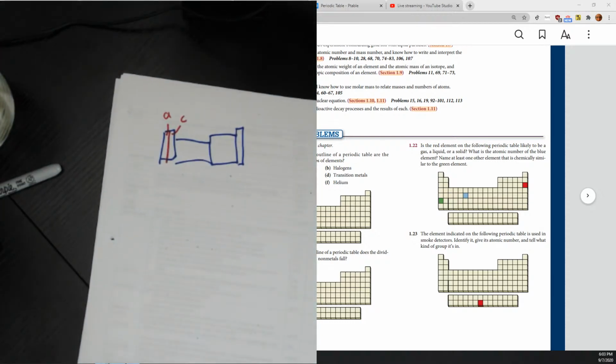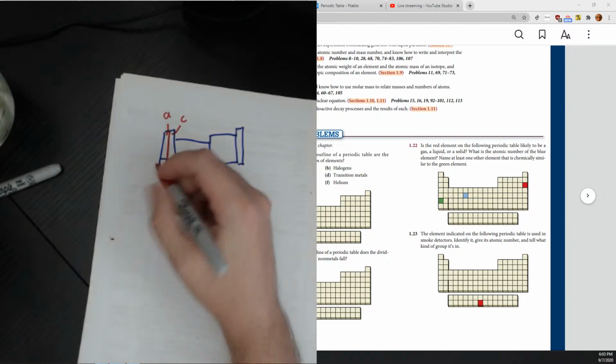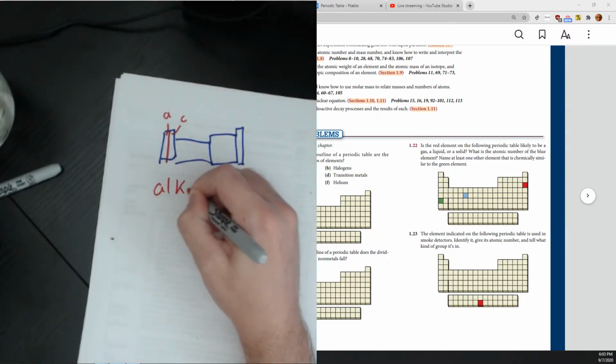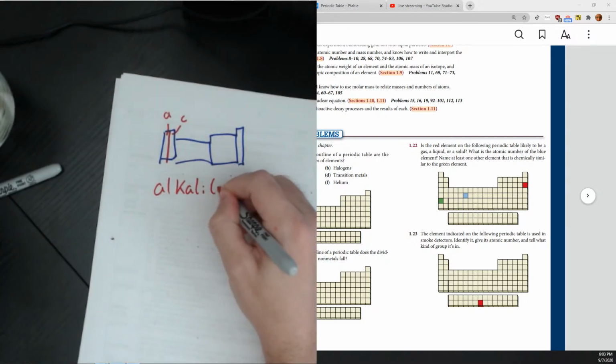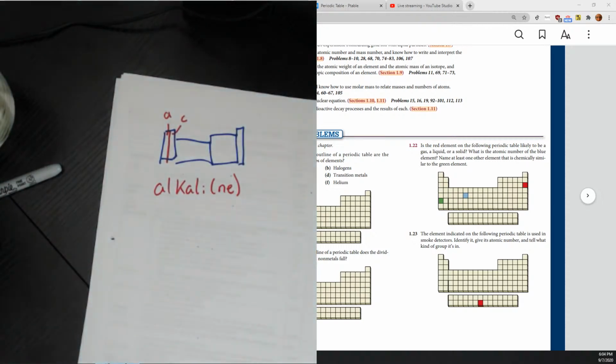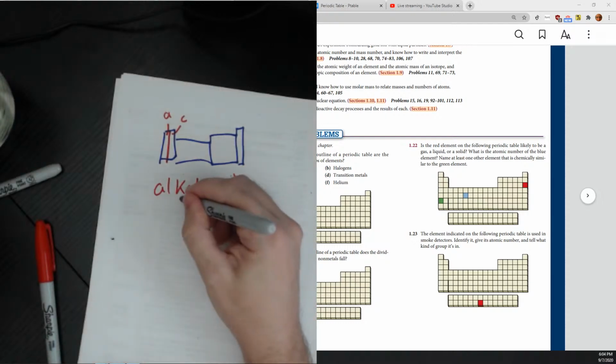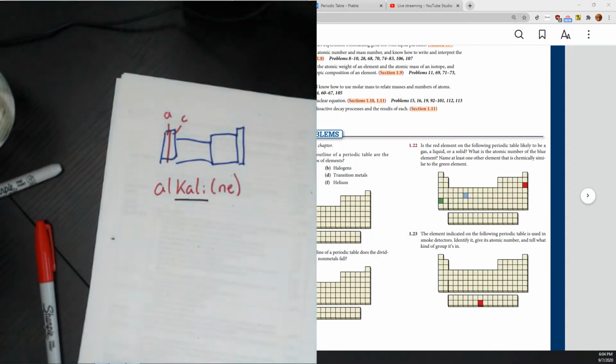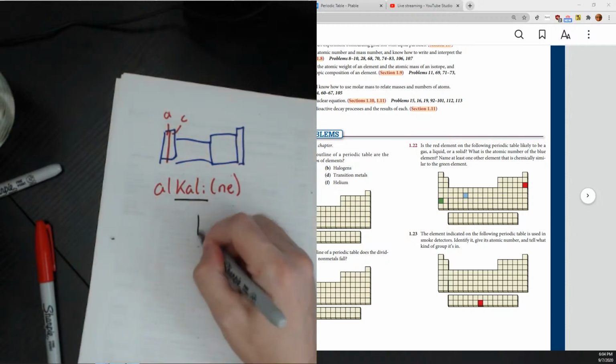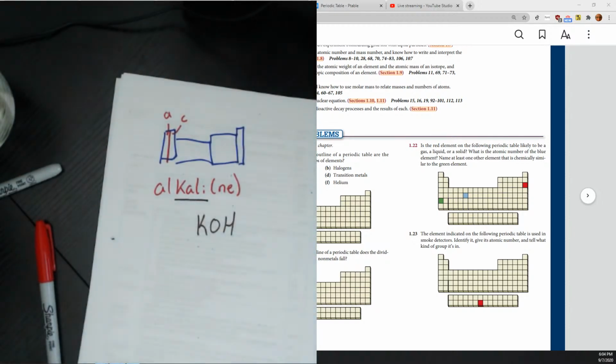They have very similar properties to each other, but distinct. They're called alkali. This might help some of you remember. Alkali or alkaline comes to us from Arabic. This part right here, the kali, means potash or potassium hydroxide, a strong base.